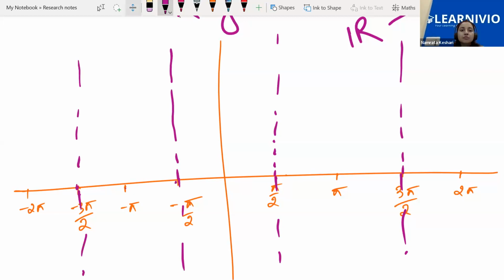The graph of cos theta will help us plot the graph of the second function. Cos theta graph is here, it's 1. It goes like this.